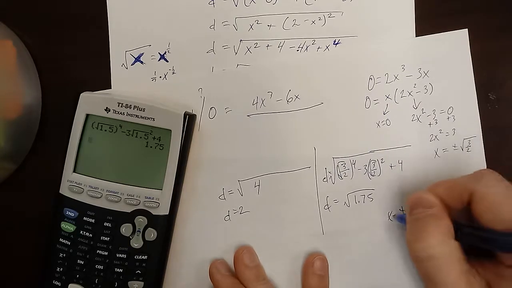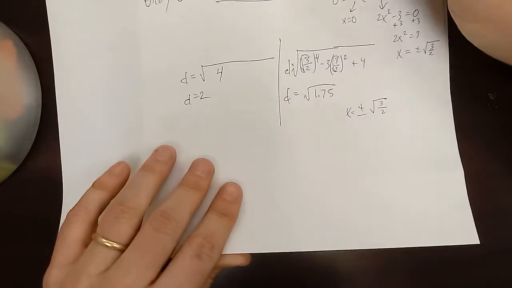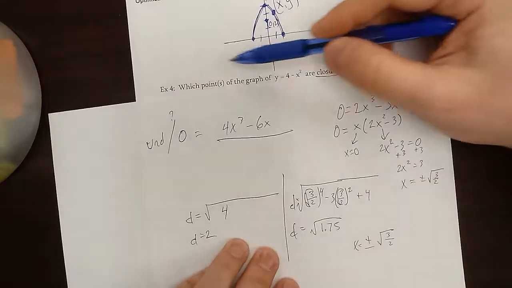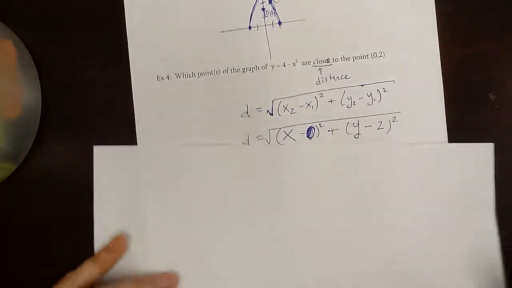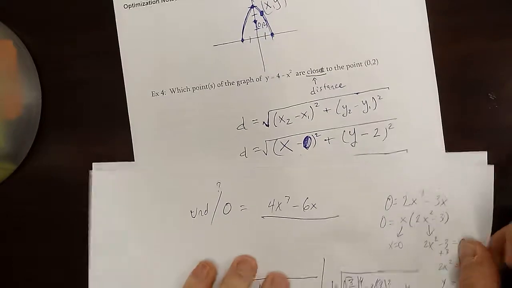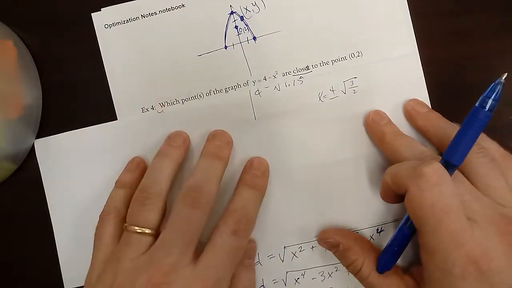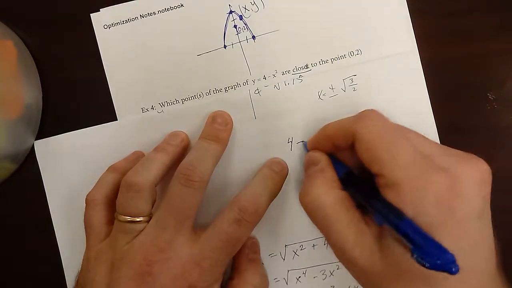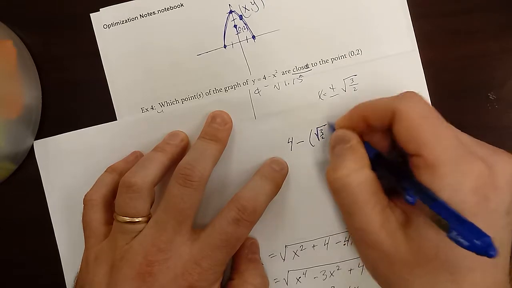These will be the x values. So I need to go back and make sure I'm answering the question. It says which points on the graph of that. It doesn't say find some numbers. It says which points on the graph. So now that I've found those x values, I need to say, okay, that's my x value. What's my y value? 4 minus the square root of 3 halves squared.